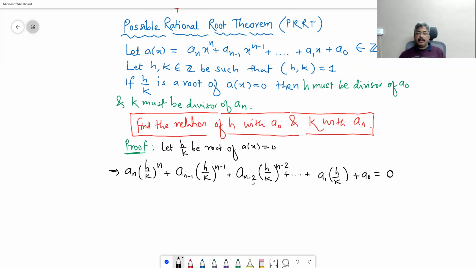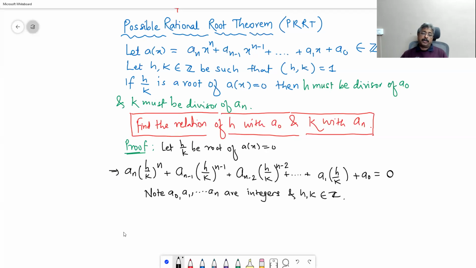Now a0, a1, a2, ..., an are integers, and h and k also belong to Z. Therefore, the highest denominator is k raised to n.